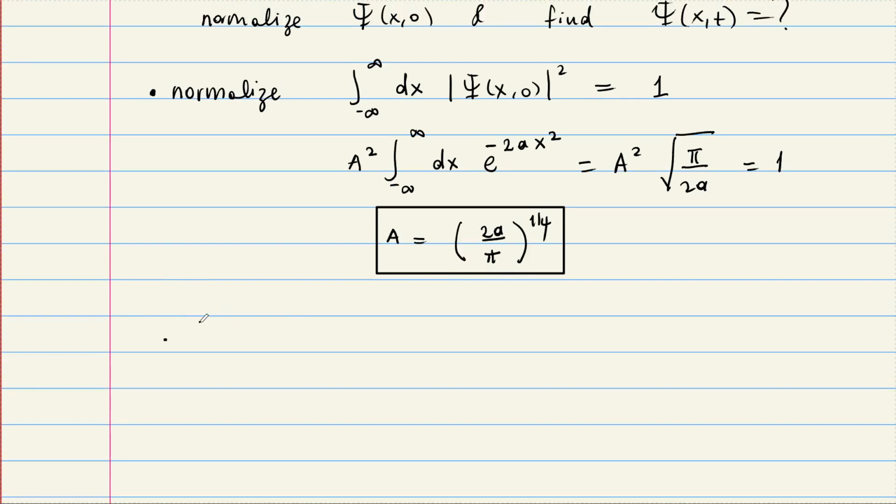Now B is a little bit more tricky. Find psi of x comma t. So how do we do this? What was the algorithm? What's the procedure to follow? Yes?